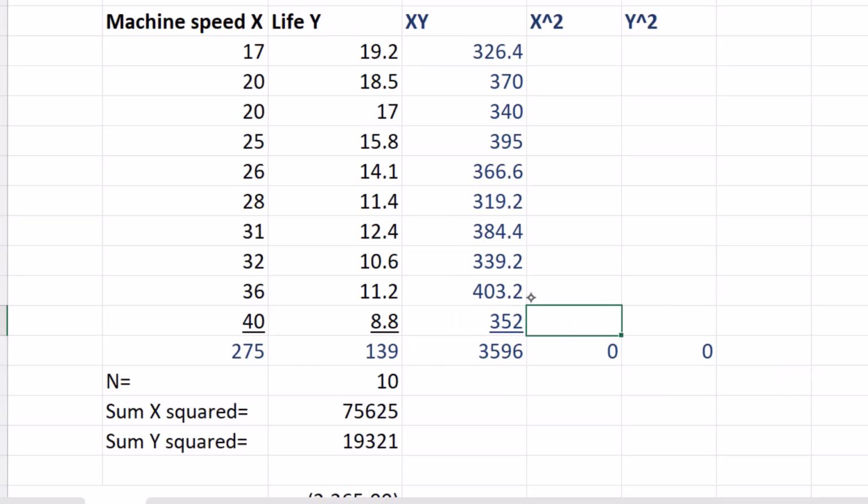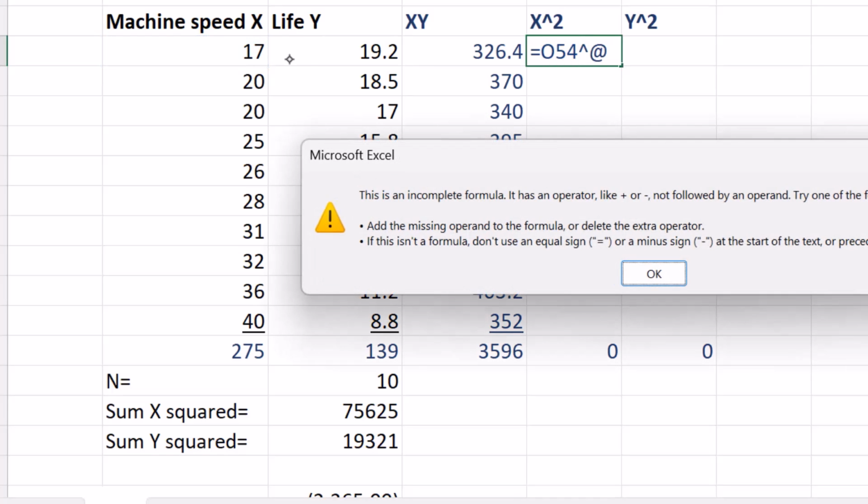And now we have x squared. So I'm going to get x squared over here. Raise that item to the power of 2.